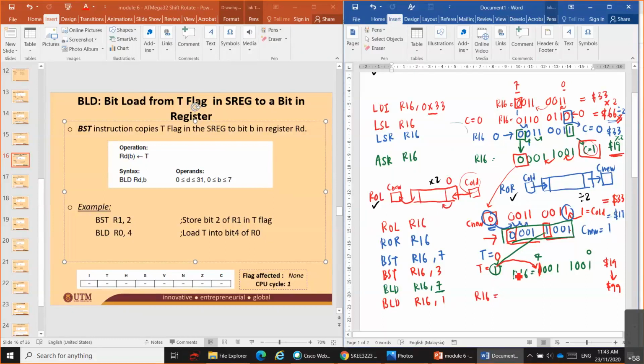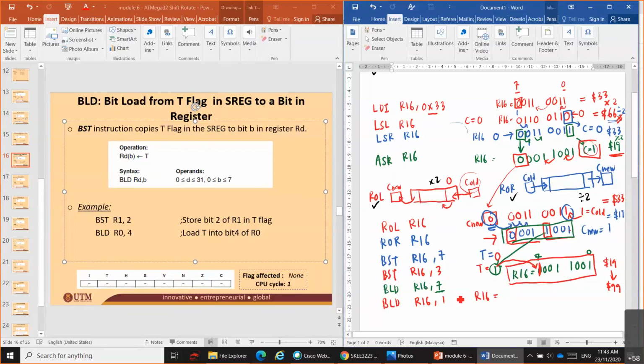Current value of R16, which one? This one. This is your R16, the current value of R16, which is 1001 1001. Now you're going to load T, the value from the T to bit 1 of R16.